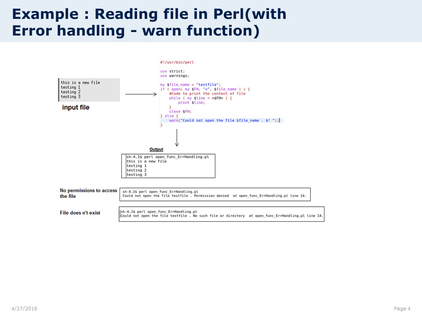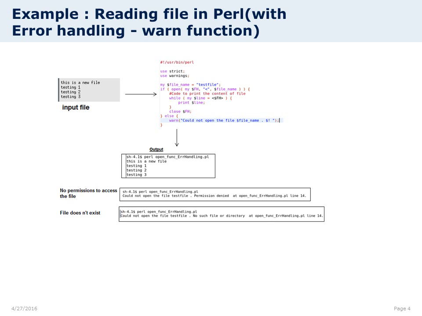If it doesn't succeed, then I'm throwing an error message or a warning message to the user saying there is some problem with the file. These are the different outputs. If everything is fine, it prints the content of the file. Say if there is an issue with the permissions, then it throws this message. And say if the file does not exist, it throws the final message.